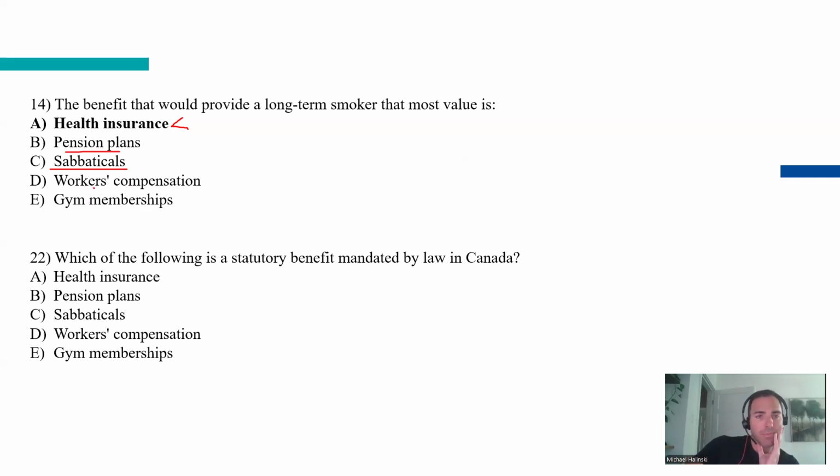Workers' comp. Workers' comp is when you get injured on the job and you can stay home and still get your regular pay. In other situations, if you're injured on the job and you can work in a different job, the example I use in class is a cop running after a bad guy who trips and breaks his ankle.